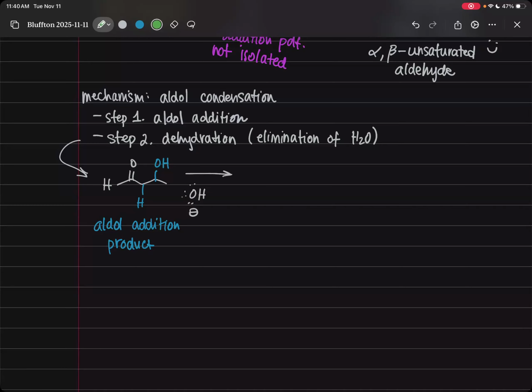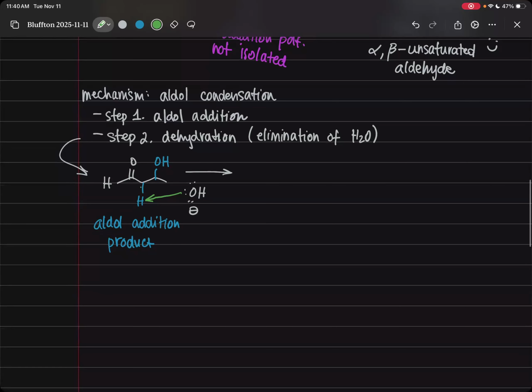hydroxide. So the hydroxide is going to deprotonate at the alpha position, like it does when you're making an enolate or anything like that. And the electrons will just sit on the carbon. Again, we're essentially making an enolate here.